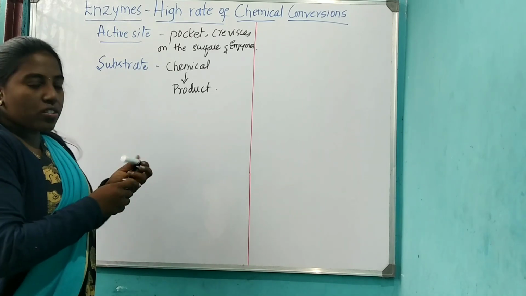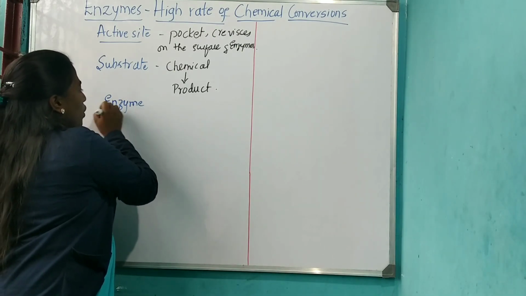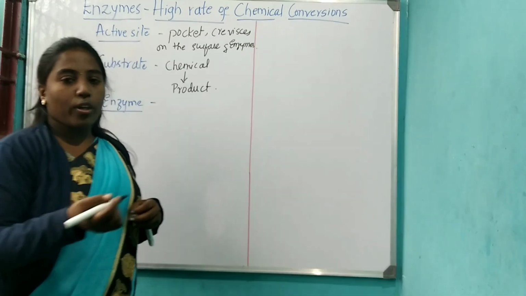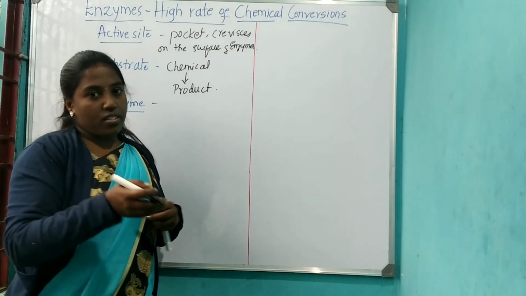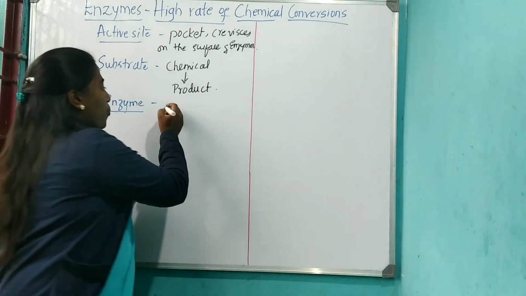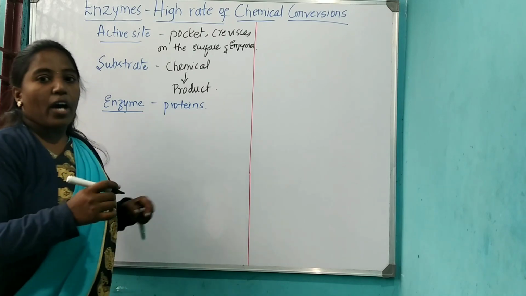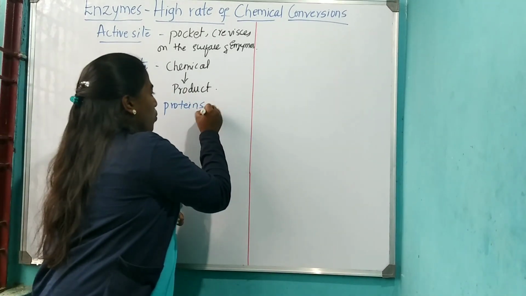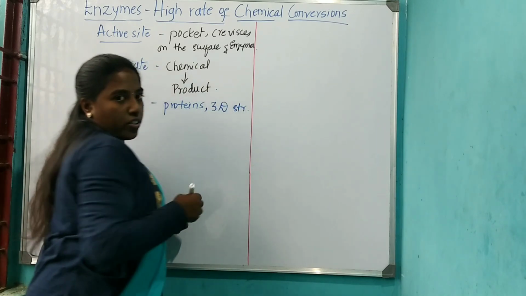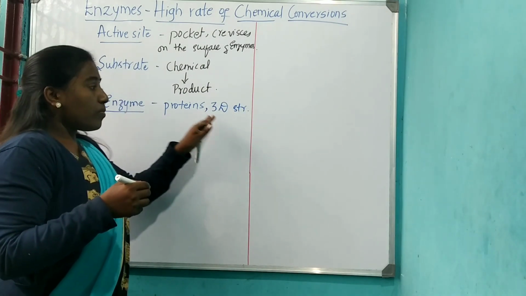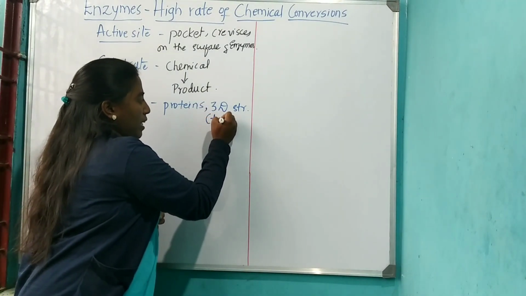The next is the enzyme. As we know, enzymes are catalysts, and they are made up of proteins. Enzymes have a three-dimensional structure, which also includes the active site.